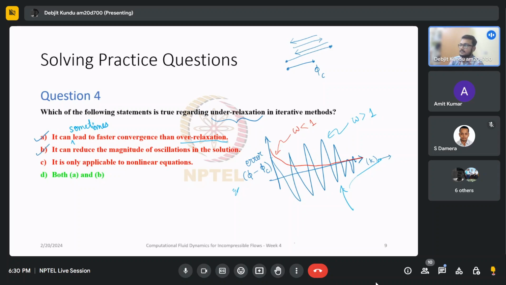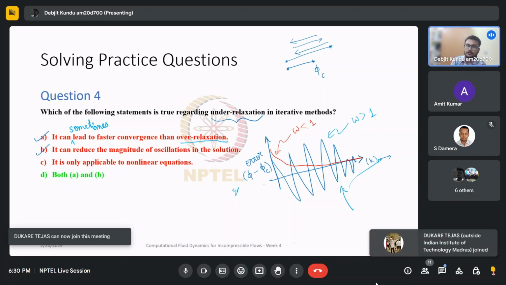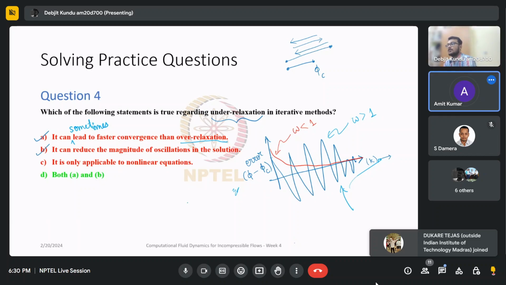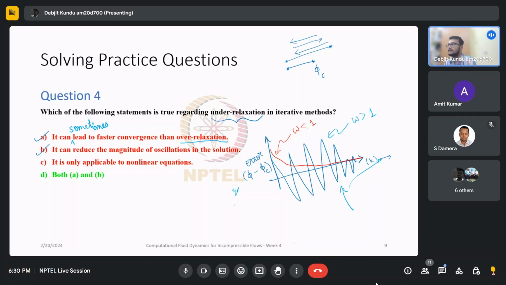In most general cases, if you use a reasonable or optimal amount of over relaxation, then that is the quickest way of reaching convergence. All this is true only in the case of oscillations being built up. So it is only for some cases. Only for some cases, yes. Okay, thank you, sir.